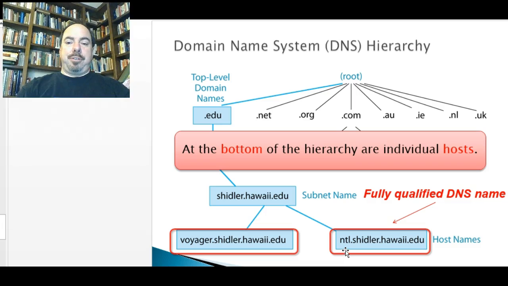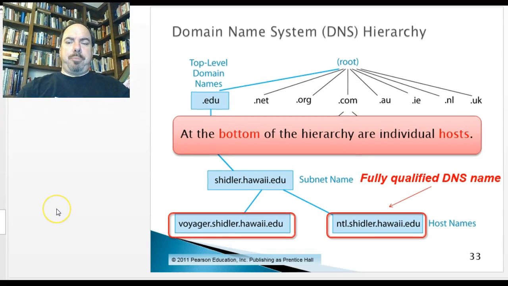Now this host name plus subdomain plus domain name plus top level domain is called a fully qualified DNS name. So the whole thing is your fully qualified DNS name. A lot of times we'll use the shorthand of, what's your name? Well, my name is Voyager, my name is NTL, but really the entire thing is the fully qualified DNS name because it is a hierarchy.